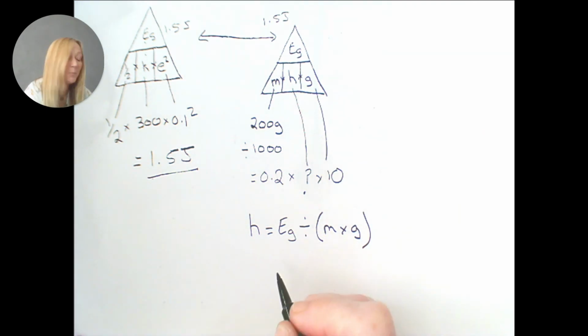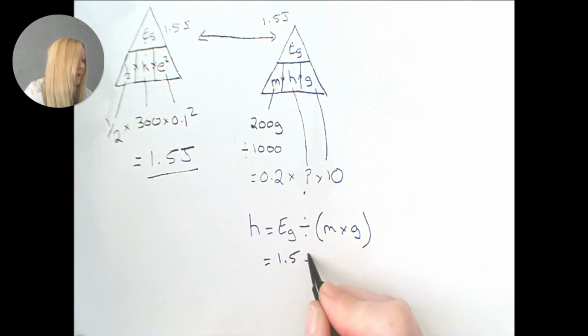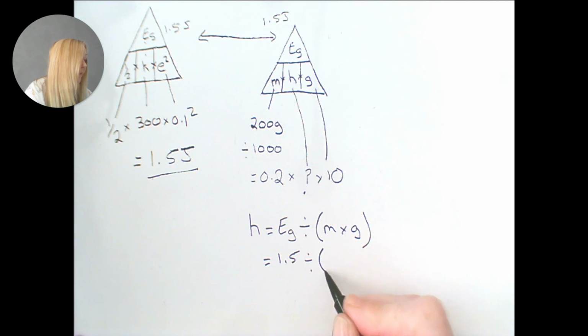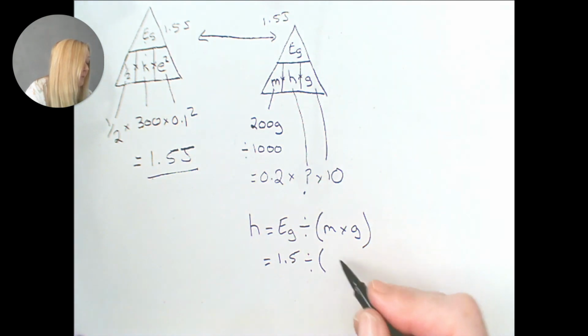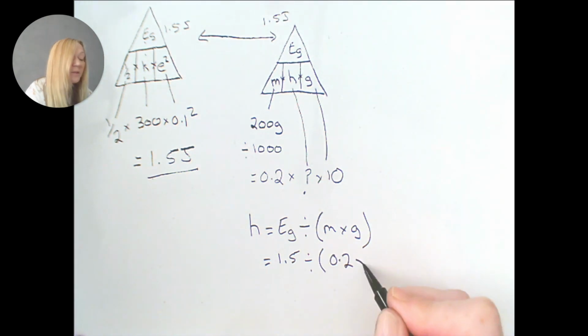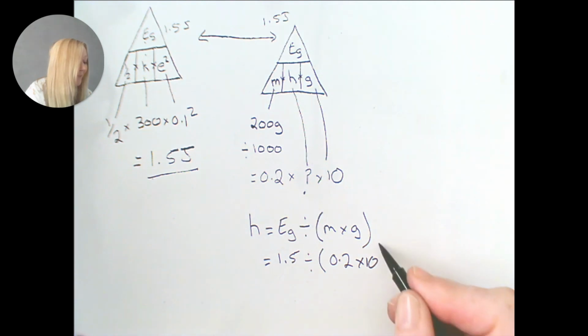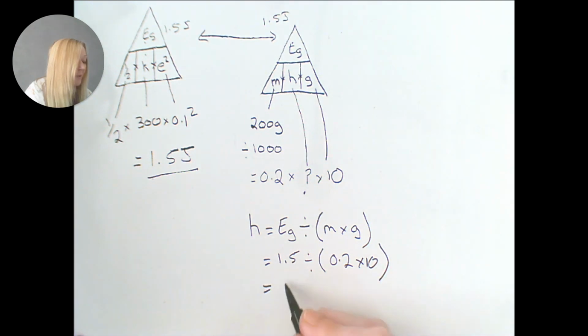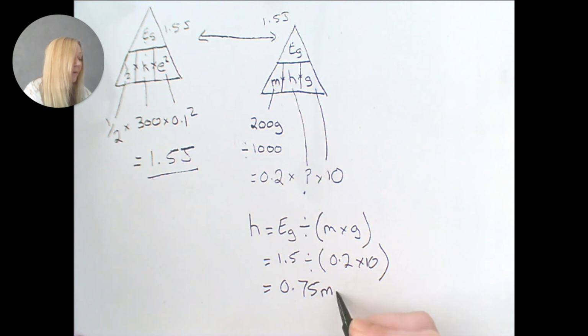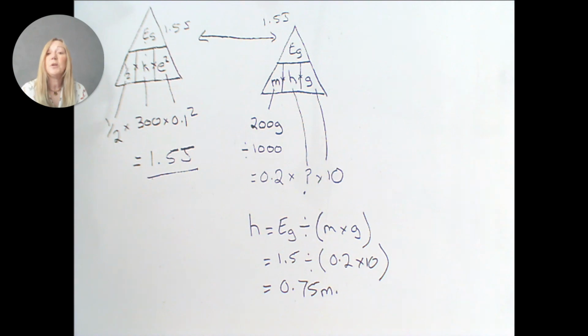And now we just plug in the numbers. So we've got 1.5 divided by the mass of 0.2 times 10, which is the gravity, which gives us 0.75 meters. And that's how you go about these dual questions where you need to use both equations in order to link the energy transfers. I hope that helps.